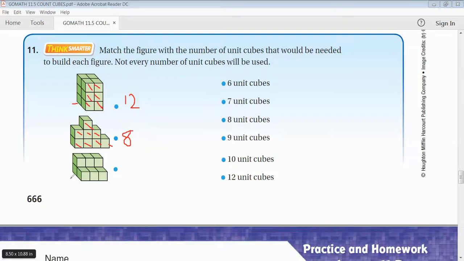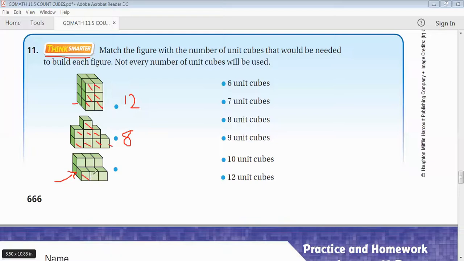Now let's look at this last one, and this one's going to be a little bit tricky. So we have to think smarter. Now, if you notice, we have cubes in front, cubes on top. You have to look very carefully because we have some cubes in back on the bottom. So let's go ahead and count.